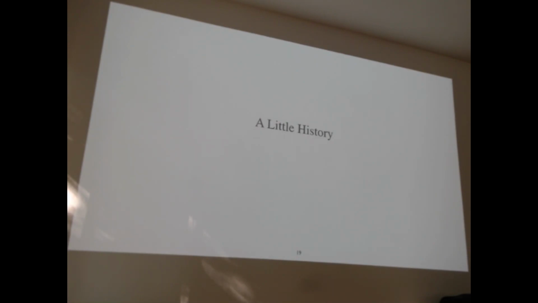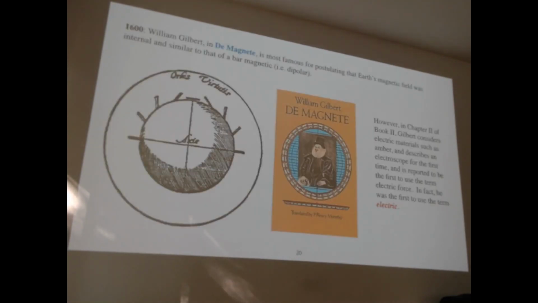A little history. Have you seen this? Yeah, some of it. This is the famous experiment by William Gilbert in the 1600s, where he took a spherical piece of lodestone or magnetite, and then took these little slivers of iron, and he showed that they all had an orientation around the sphere of lodestone that was similar to the direction of the magnetic field on the Earth.